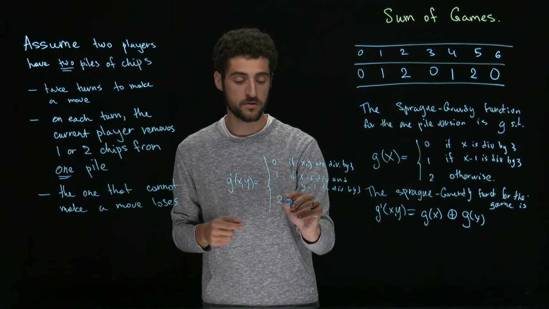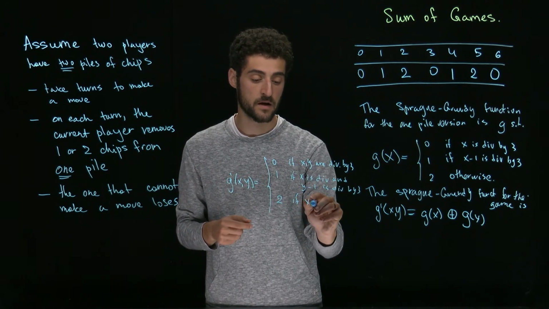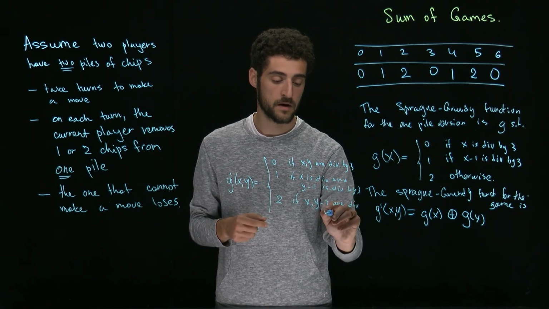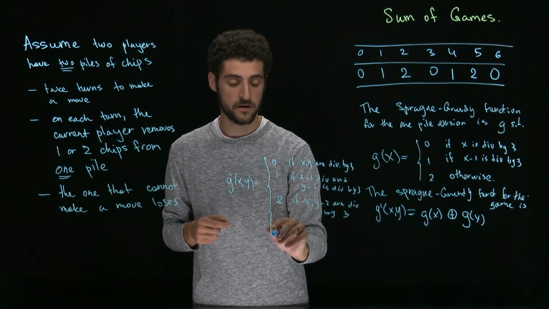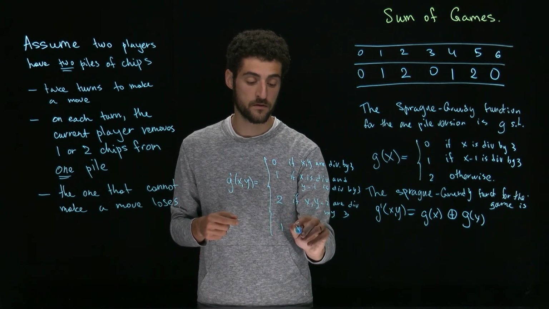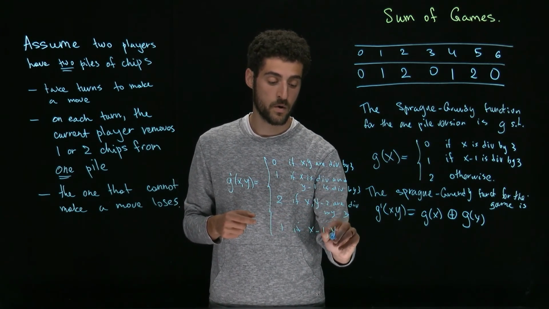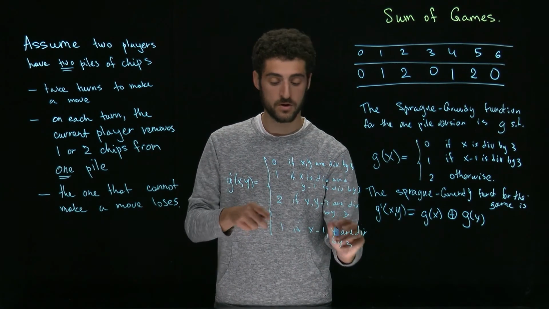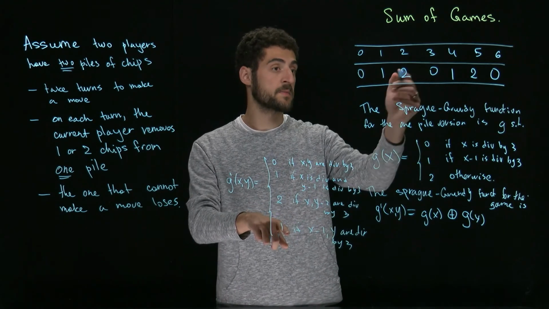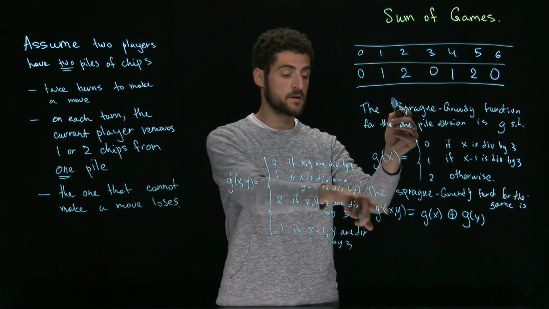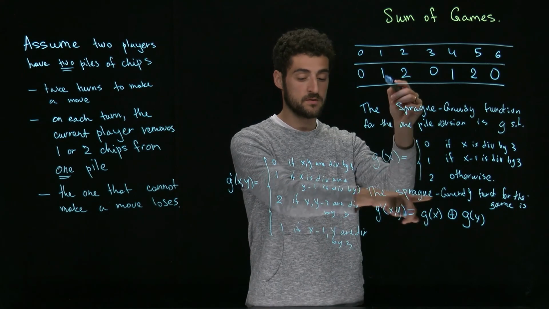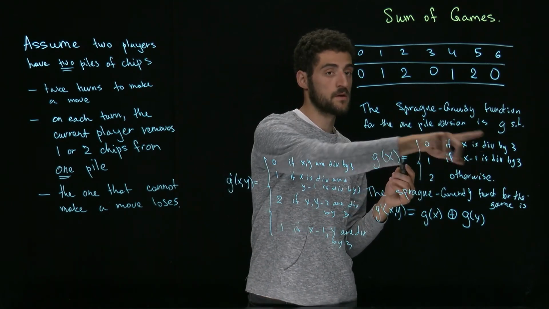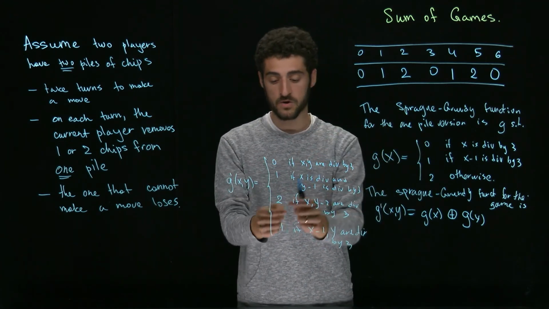Similarly, you have 2 if x and y minus 2 are divisible by 3. And it's equal to 1 if x minus 1 and y are divisible by 3, just because in this case, for x, the Grundy function is 1 because of this rule, and for y, it's equal to 0 because of this rule. So it's the nim sum of 0 and 1, which gives you 1.